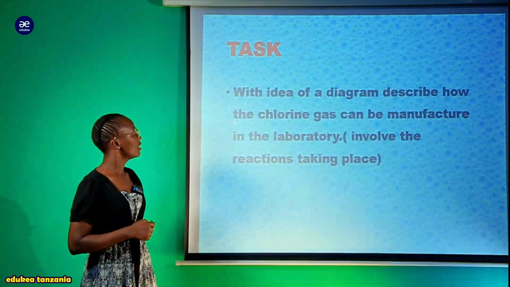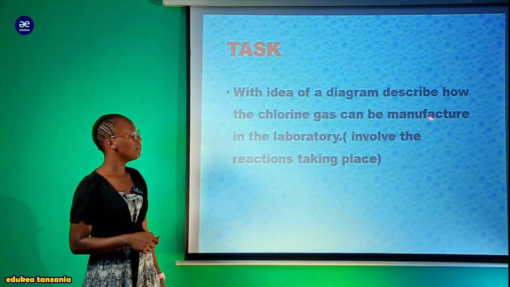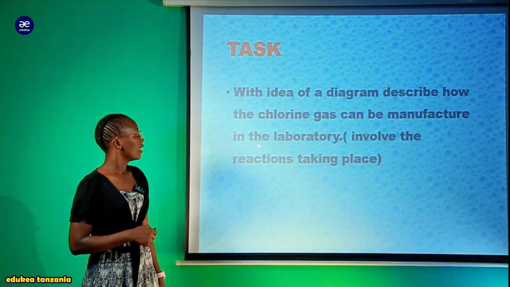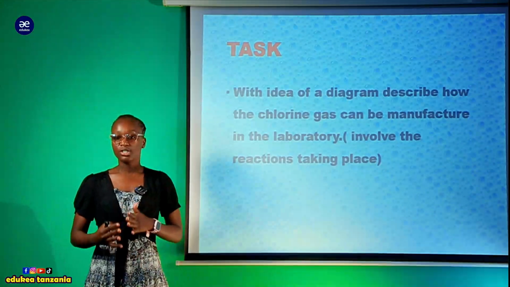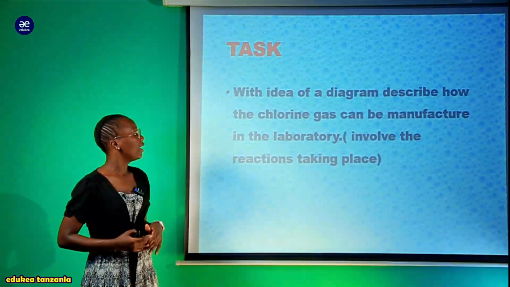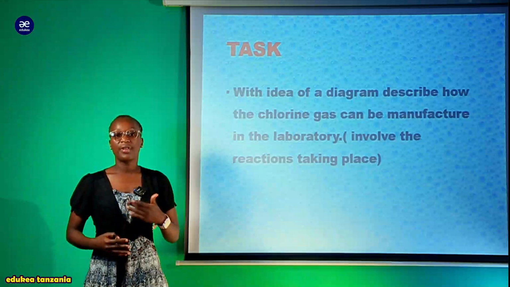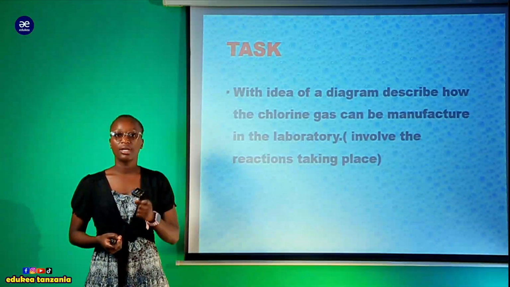Now, the question is, with the idea of a diagram, describe how the chlorine gas can be manufactured in the laboratory. Involve the reactions taking place, kwamba make sure una consider the reaction taking place, but also elezea with the idea of diagram, meaning that you will go through that setup of preparing the chlorine gas.